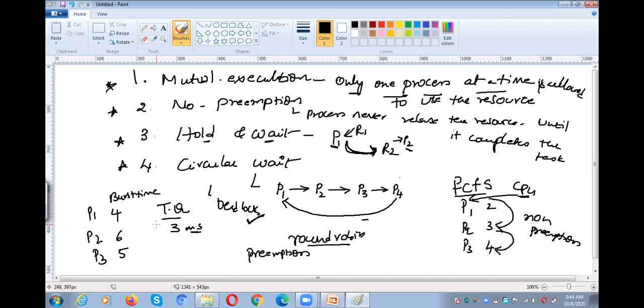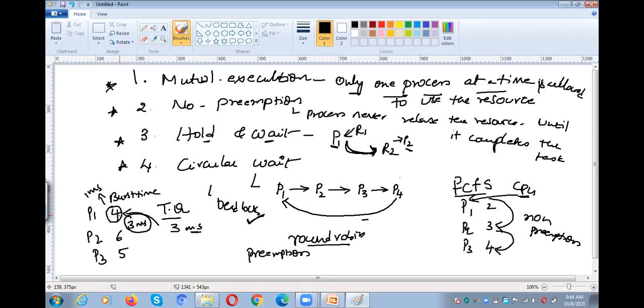First I will give a chance to P1. After 3 milliseconds, the P1 task will not complete. Why? Because it requires 4 milliseconds of CPU time, but we have assigned only 3 milliseconds. So P1 still requires 1 millisecond of CPU time.